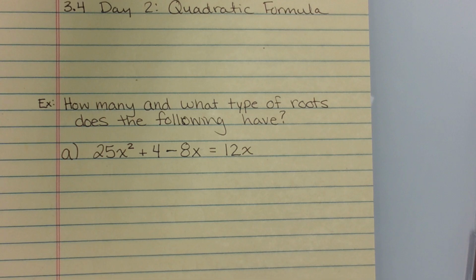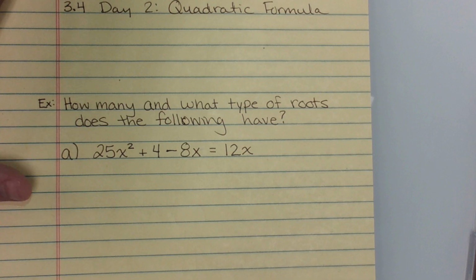Negative inside the square root. Wait, you're telling me it has to do with the inside of the square root again? Yes. If the inside of the square root, the b squared minus 4ac, is negative, that's when I get imaginary solutions. What if the b squared minus 4ac is positive? Real. That's when you get real.